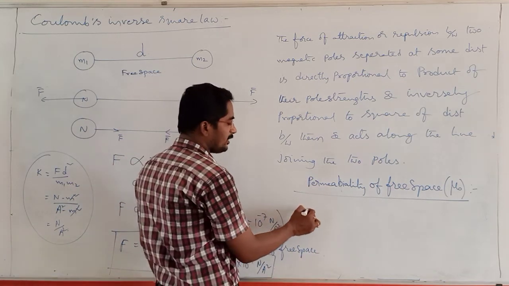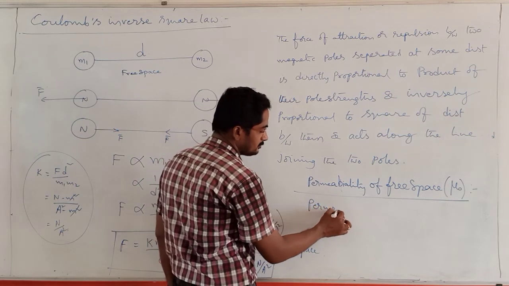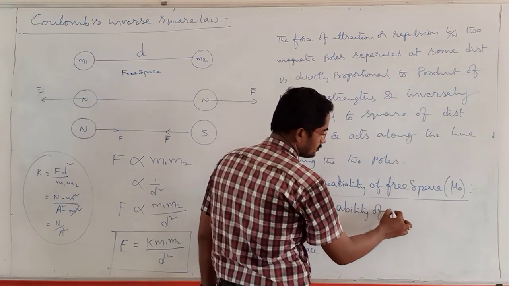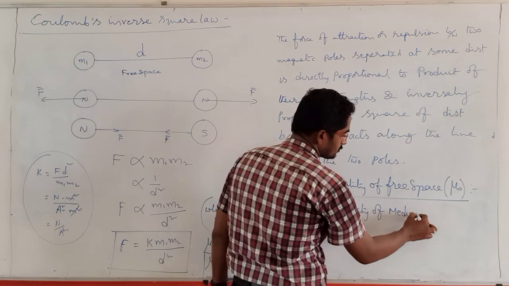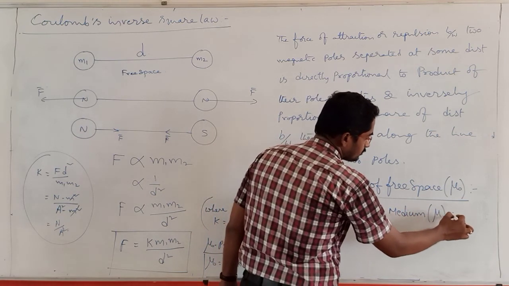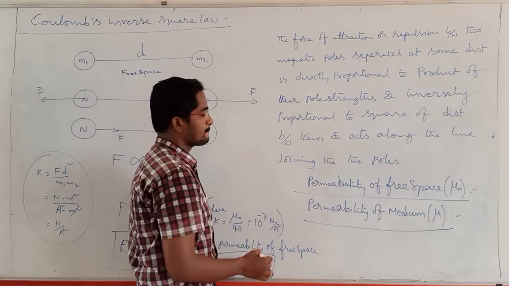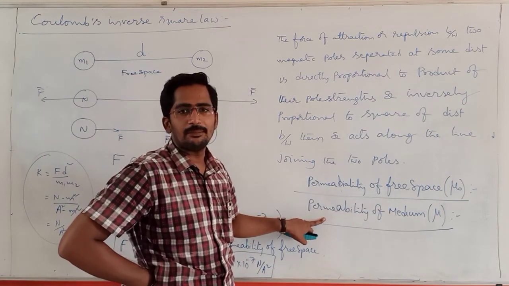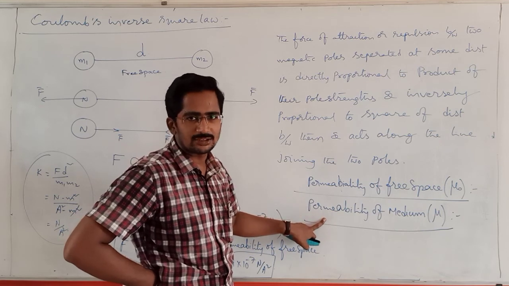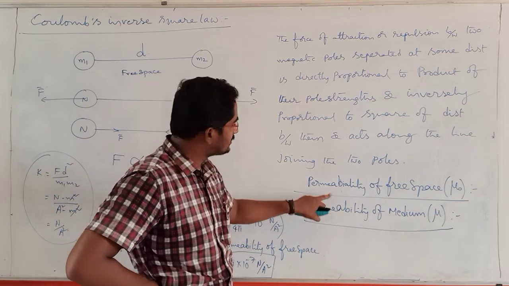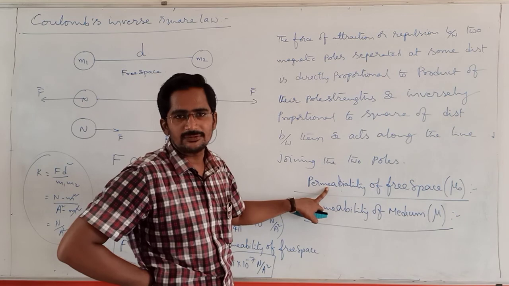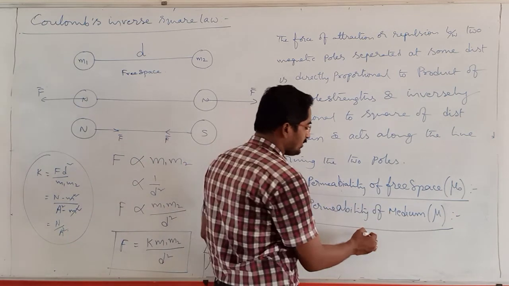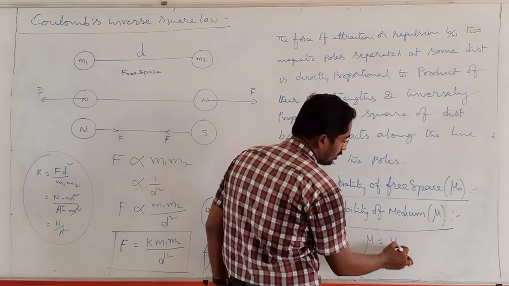In the same way, there is also the permeability of medium, which we represent with mu. That means the permission given by the medium for the magnetic lines to pass through it. What is the mu value? Mu naught into mu r.